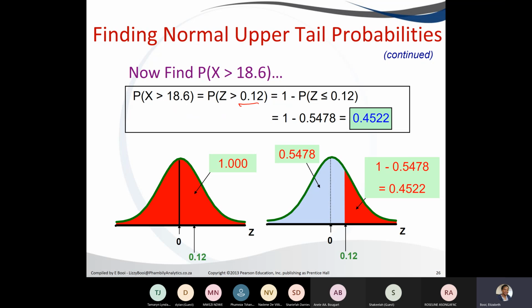So we go to the table, we found it, and it was 0.5478. We subtract that probability we find on the table from 1, and the answer will be 0.4522 for the probability of Z greater than 0.12.